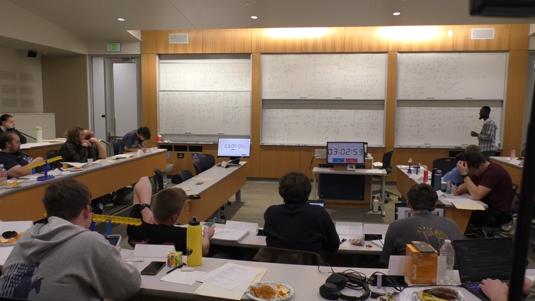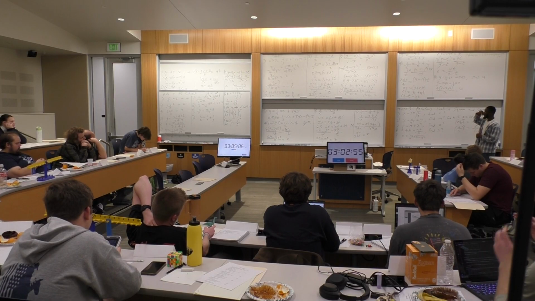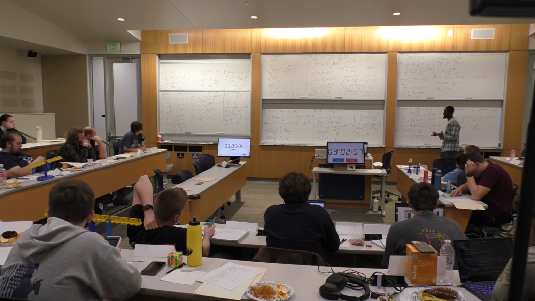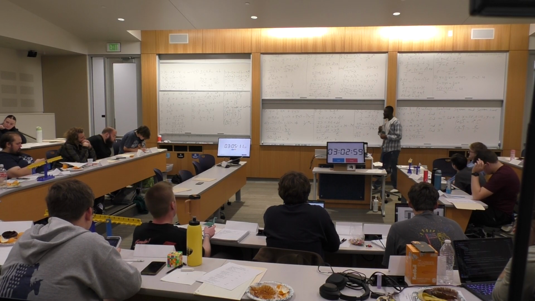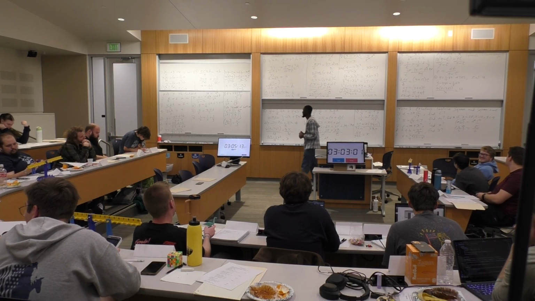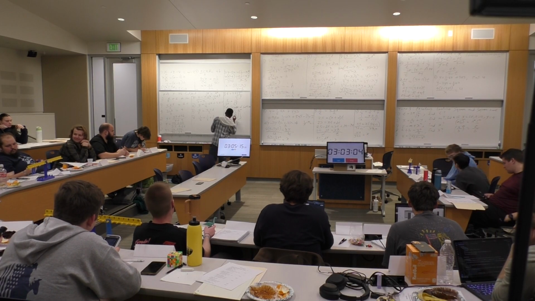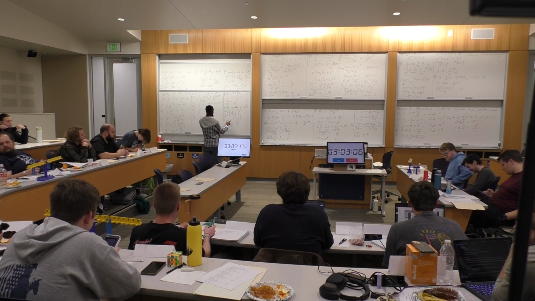It means that this power is distributed into both the numerator and the denominator. So from here, we have t squared.